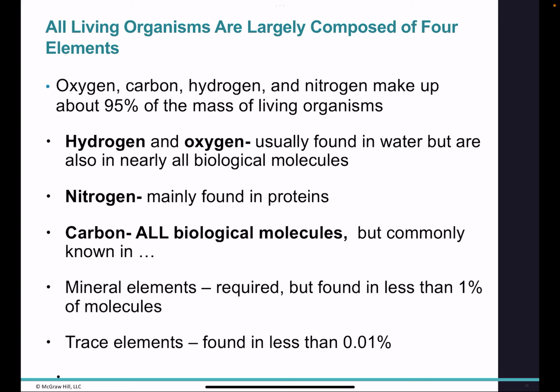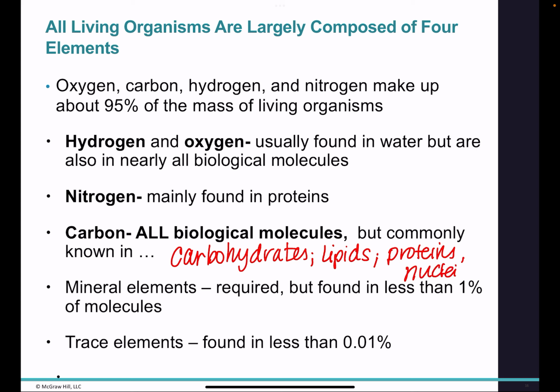So it's found as the backbone of all our biological molecules, but it's most commonly found in carbohydrates. Again, it's also the backbone of our lipids, which are our fats and steroids, our proteins, and our nucleic acids like DNA.